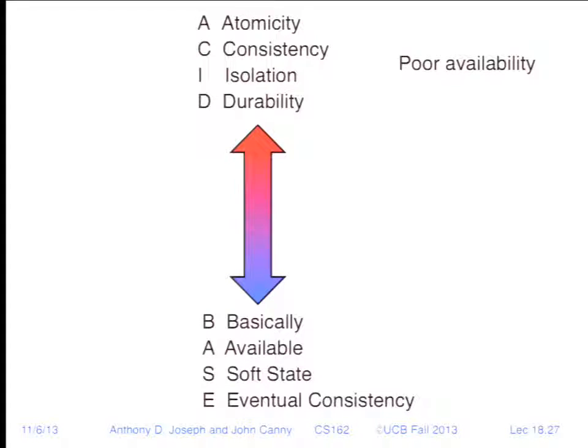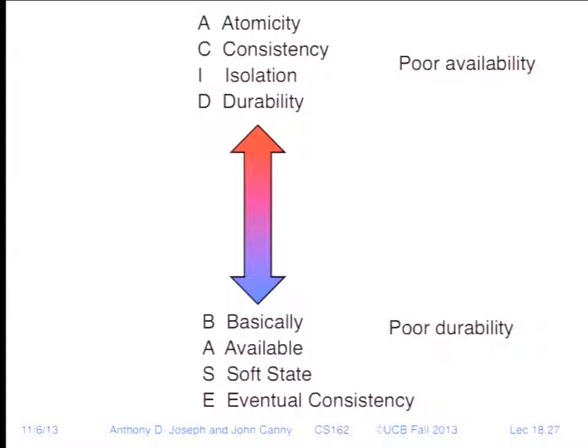In a BASE system, though, the emphasis is on providing availability for applications where the user experience involves being able to still make queries or to be targeted with advertisements. So availability is really a critical aspect. There's also less emphasis on recoverability.